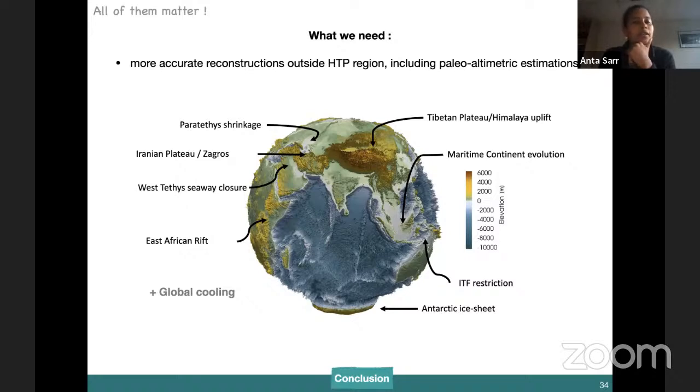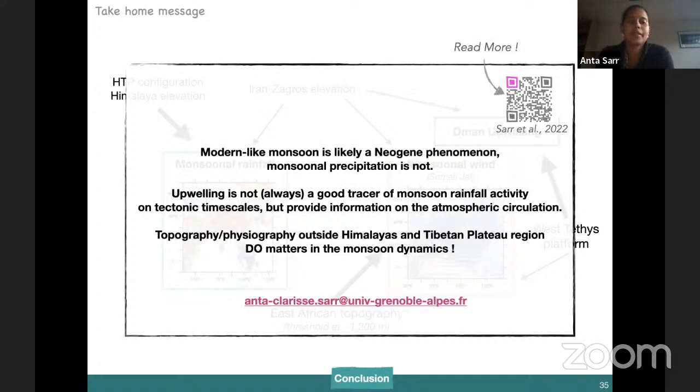But for that, especially when we look at climate modeling results, we need better constraints on all those western boundary topographies, not to mention the maritime continent and ITF regions. We also need paleobathymetry and paleoaltimetric estimates, because this matters for the way we understand the monsoon system. And this is my take-home message.